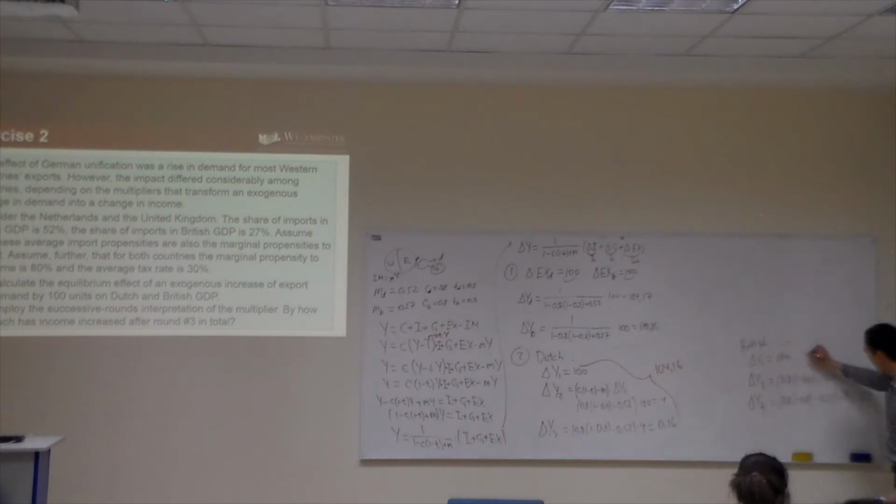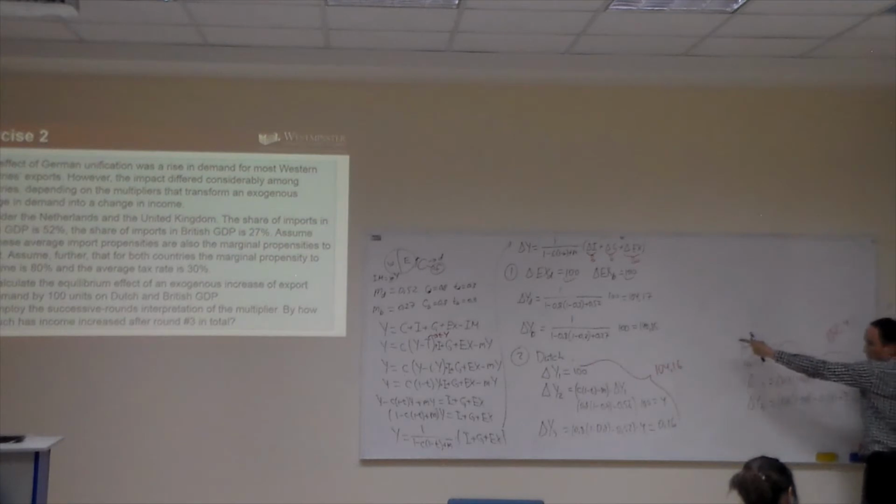Regarding the British economy, 100 plus 29 plus 8.41 is equal to 137.41. Again, just 3 rounds explain more than 90% of that change.